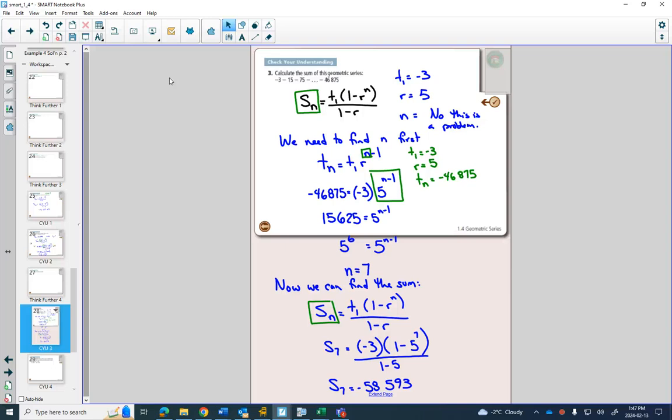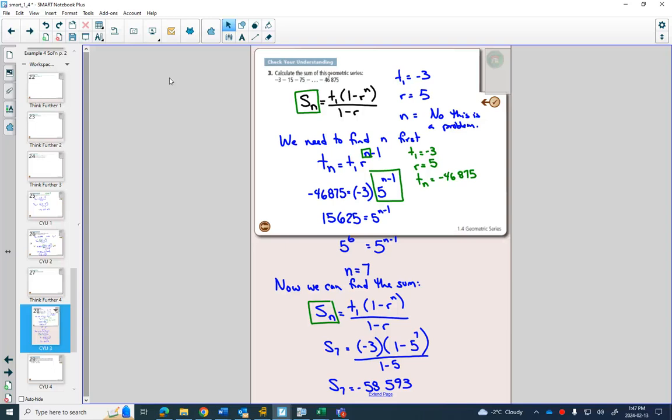That means I have to plug in everything else. So I needed term 1, I made a list. Okay, I know term 1 is negative 3. I had to do a little bit of math, and I found out r is 5. But then I ran into a problem. I have no n. So now I have to take a step back, and I need to find n first.